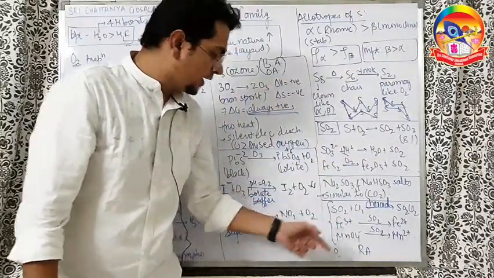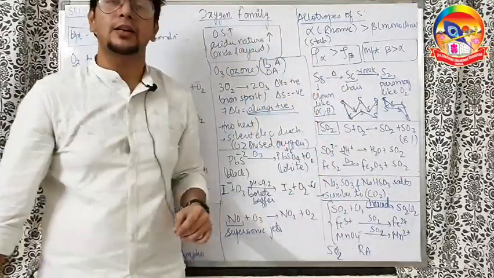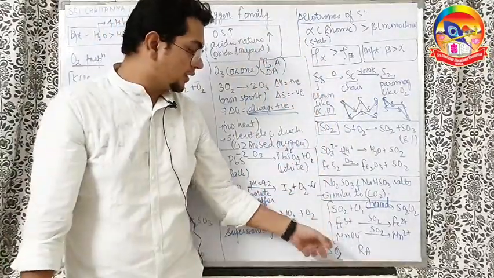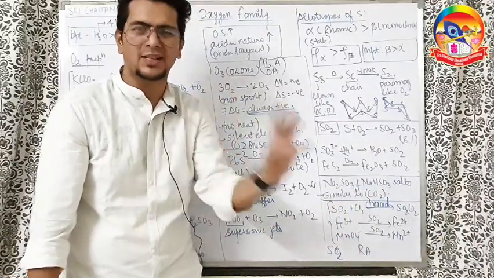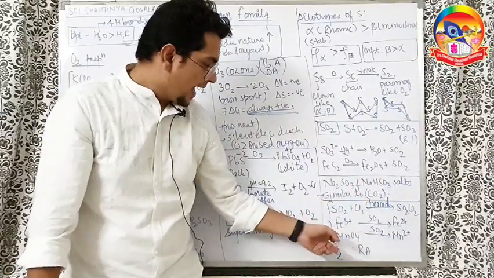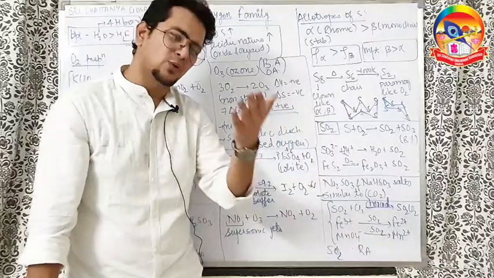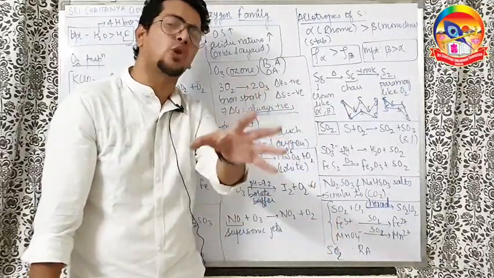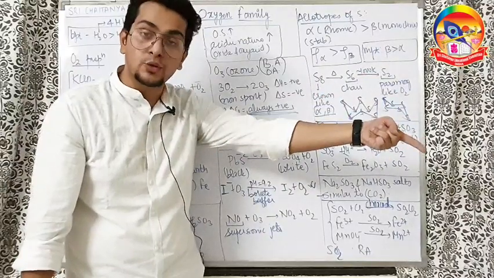Now talking about SO2 here, remember in the previous slide I talked about SO2 being majorly a reducing agent. So these are the three reactions only in your course. Fe3+ becomes Fe2+. That's the only good reaction it does. SO2 reduces Fe3+ to Fe2+. MnO4- becomes Mn2+. MnO4- is a very good oxidizing agent. It forces SO2 to act like a reducing agent.